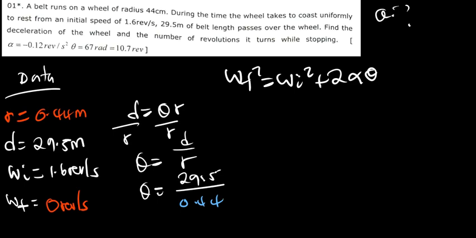The theta which we are going to find is going to be in what? It's going to be in rad. The reason is that in most cases when we are trying to find theta, it is in rad.